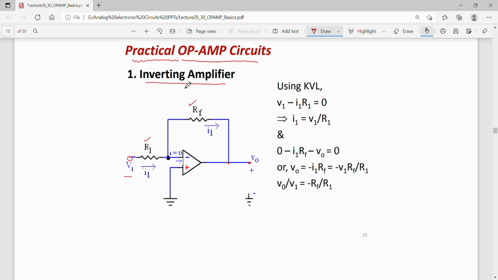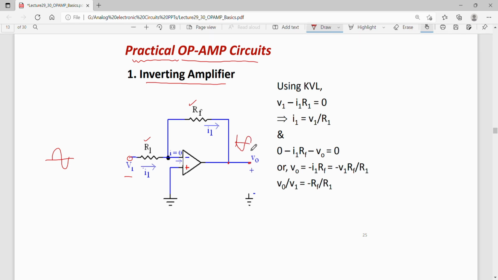Whatever you apply at the input will be inverted, and at the output you will get an inverted version of the input. For example, the output will be 180 degrees out of phase. The magnitude may be large, but the phase would be different.